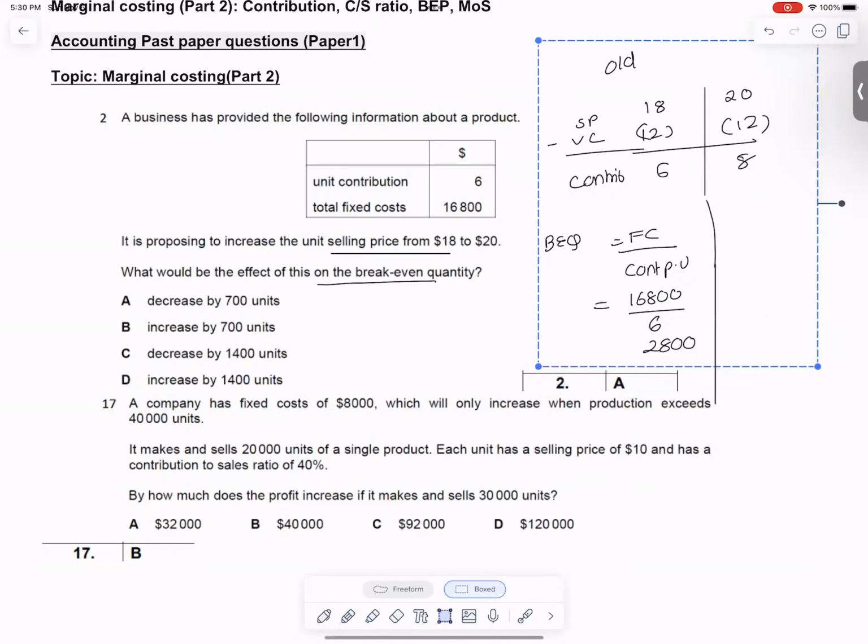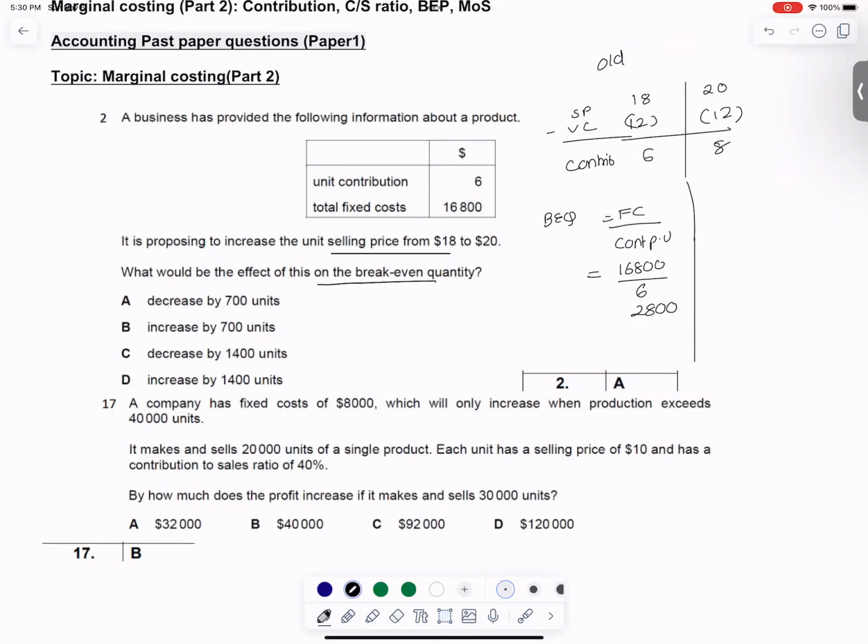And for the other one, 16,800 divided by 8 is 2,100 units.